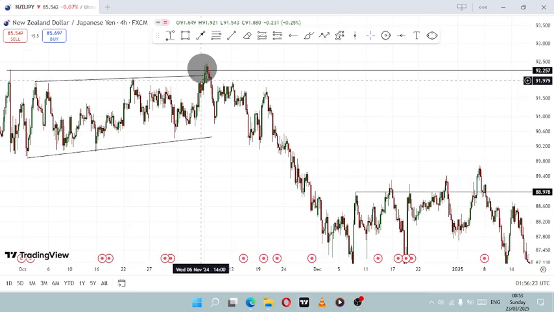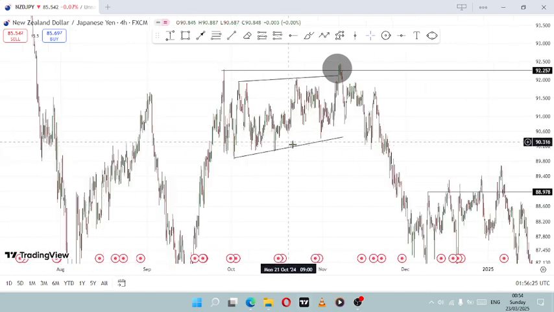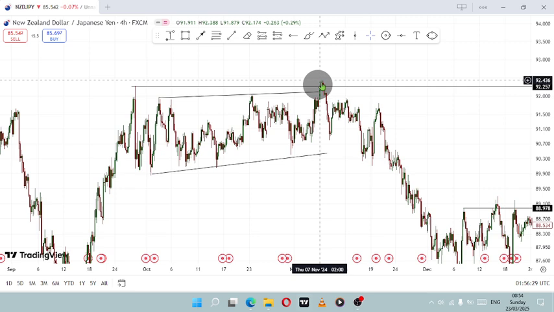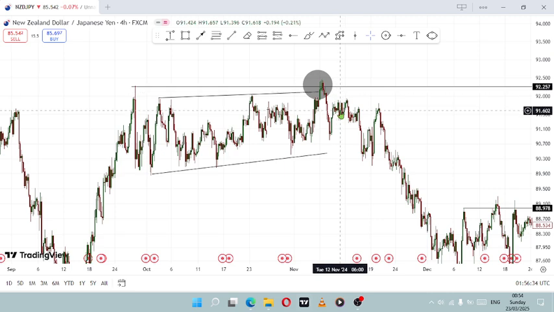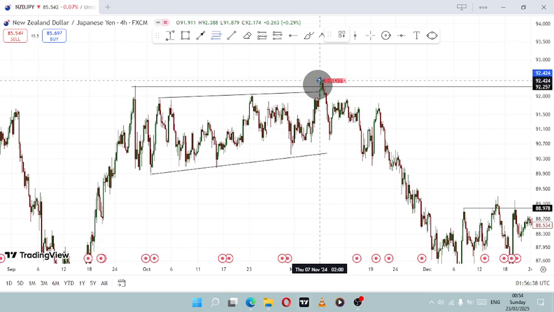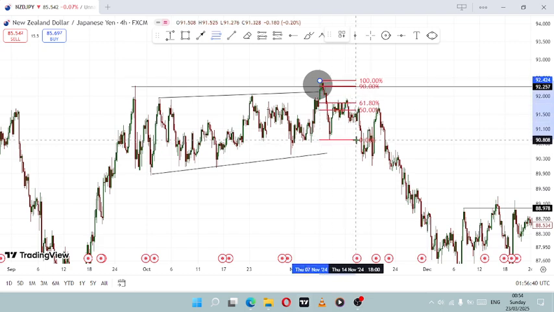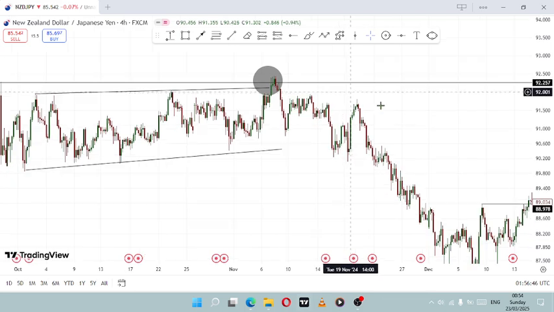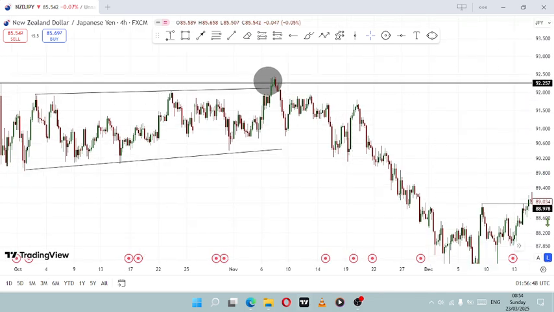So let's look at this one here. Price dropping impulsively. We had this correction. Price moving up. Now price correcting. So I will stay on the 4 hour. That's what I do.